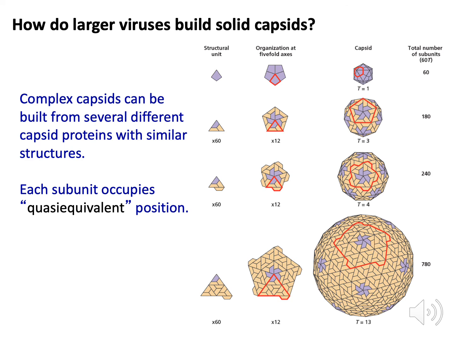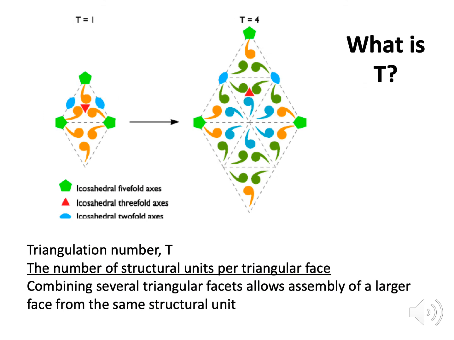And with this approach, better slide. This helps define a number which is complicated, called the triangulation number. It's the number of structural units per triangular face.